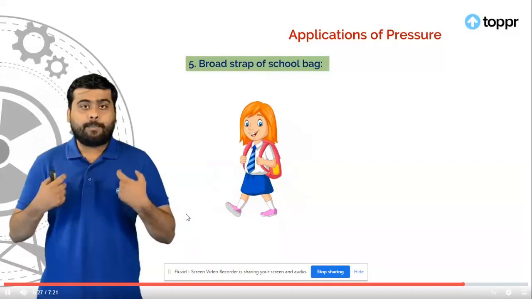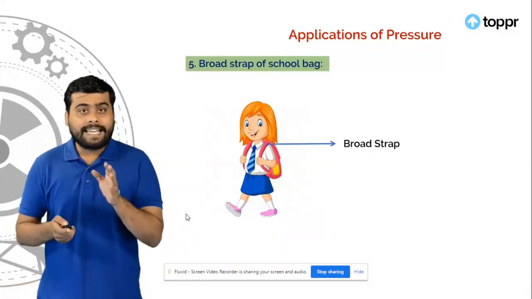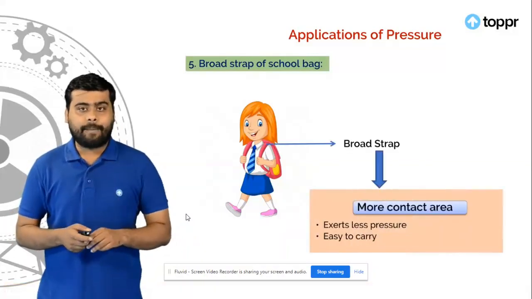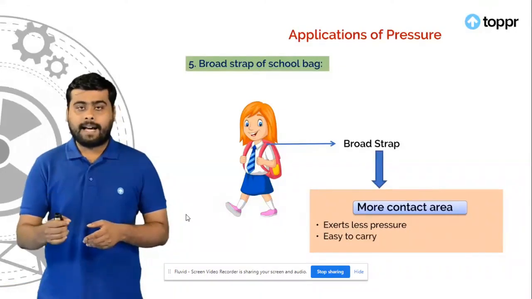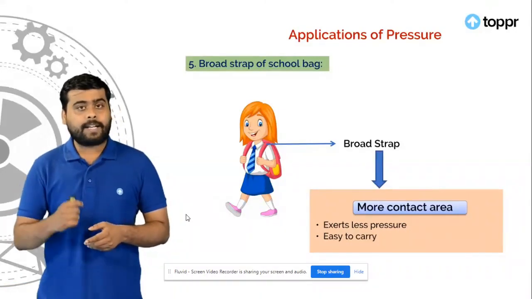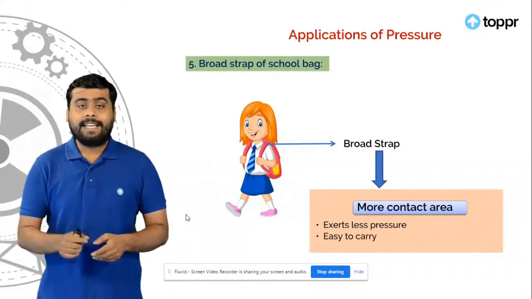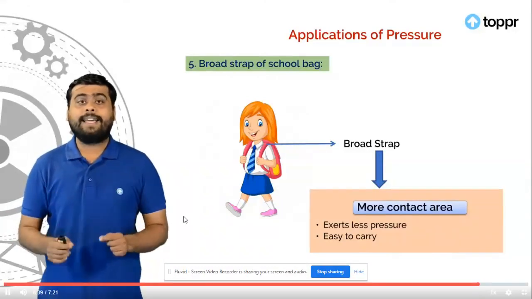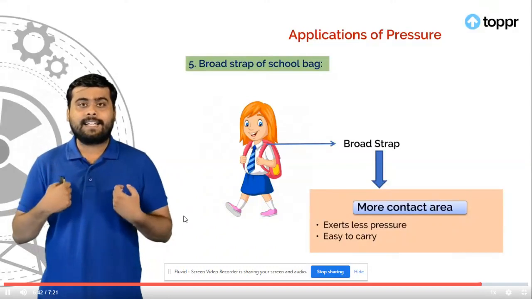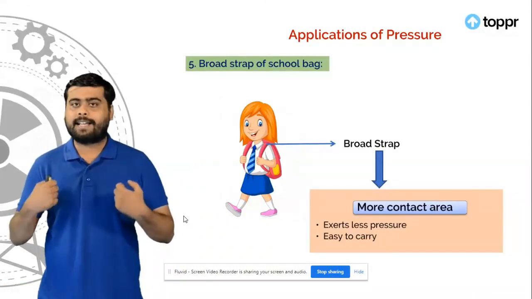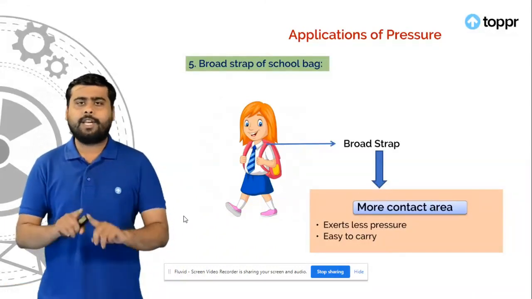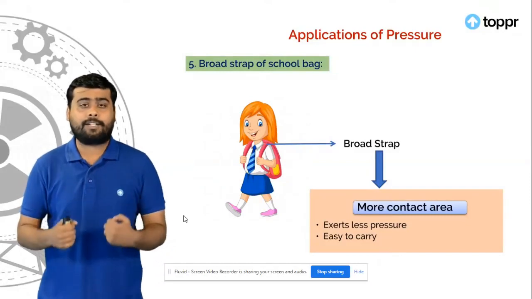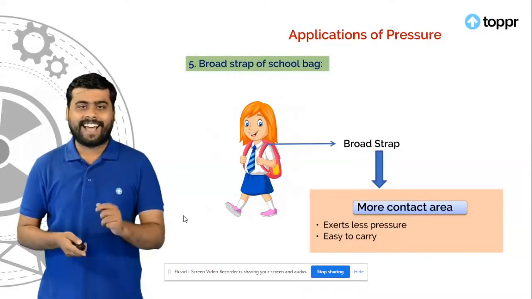These straps are broad because that increases the contact area, and the more the contact area, the less pressure will be exerted, hence it will put less pressure on your shoulder, and that's why it is easier to carry the books and other things inside this bag, right? So you won't feel that your bag is too heavy to carry, right?